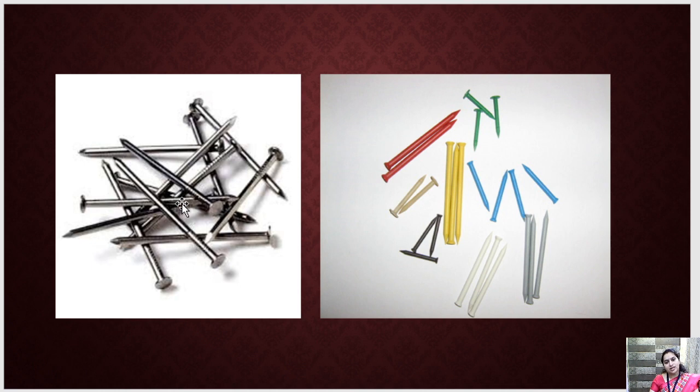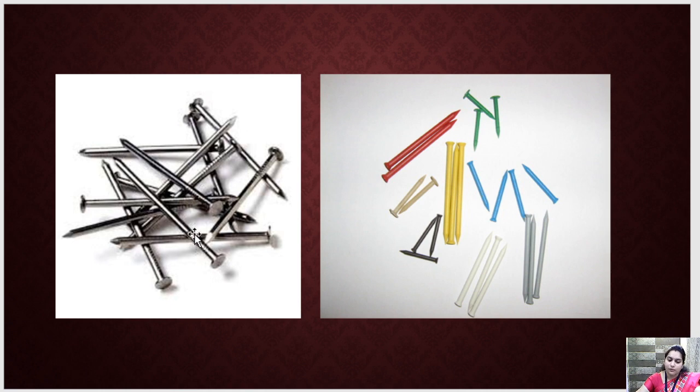To attach the legs of the table, we require a nail. Will this plastic nail solve our purpose? No, it will not. So depending on what type of work we are going to do, the material we use is decided. Where we need an iron nail, we cannot use a plastic nail.